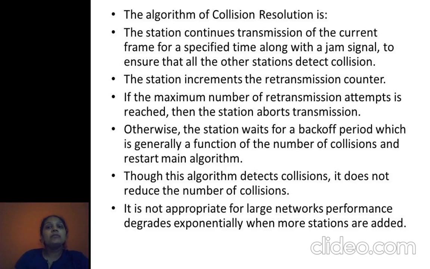If the maximum number of retransmission attempts is reached, the station aborts the transmission. Otherwise, the station waits for a backoff period, which is generally a function of the number of collisions.